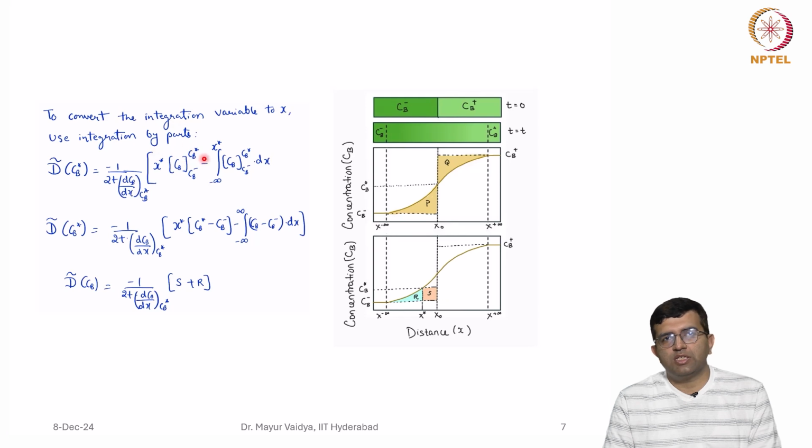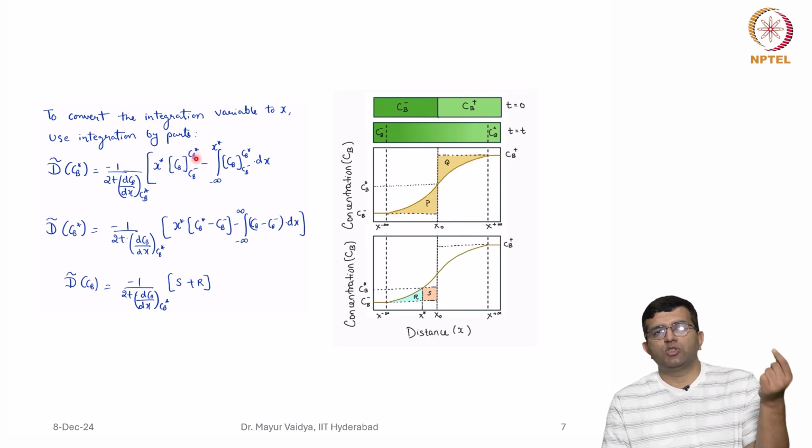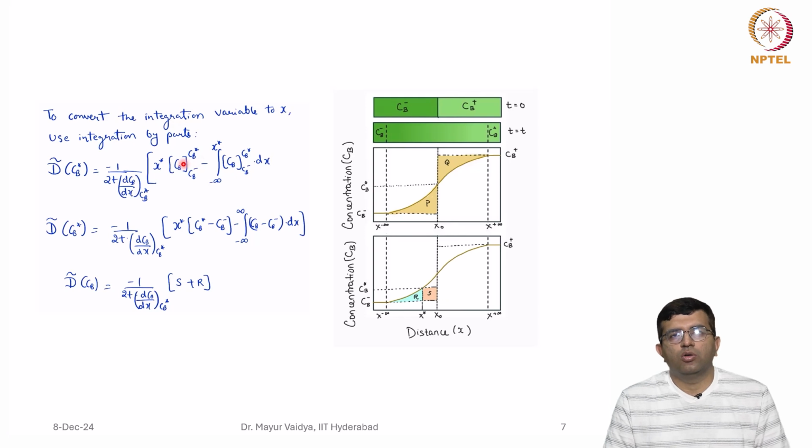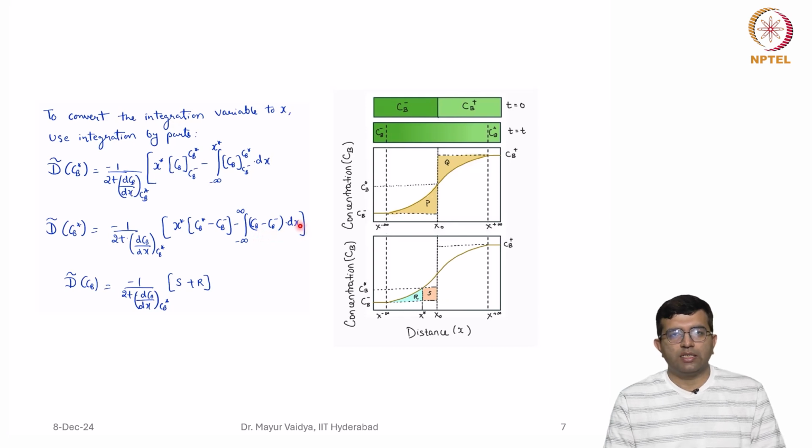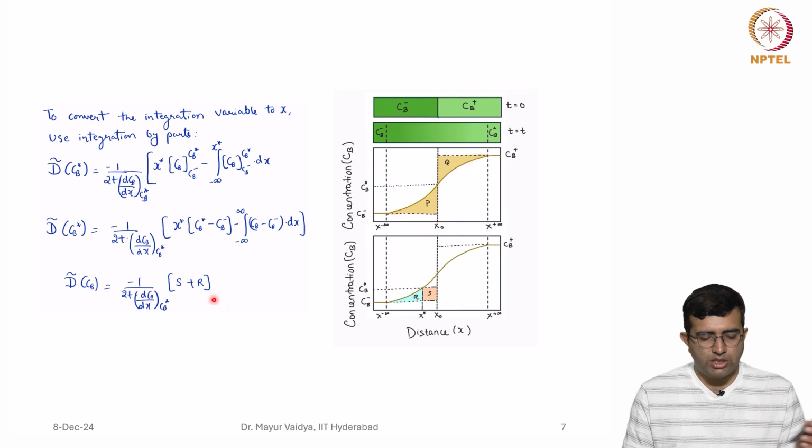Because Cb star is the composition of our interest, it is located at a position x star. So this is Cb minus to Cb star, from minus infinity to x star, again into the differential of x, which is dx. Now here we can write this as minus 1 by 2t dCb by dx at Cb star. In the bracket in the numerator, you will have x star Cb star minus Cb minus, and the integral from minus infinity to infinity of Cb minus Cb minus into dx. So there is a small correction.